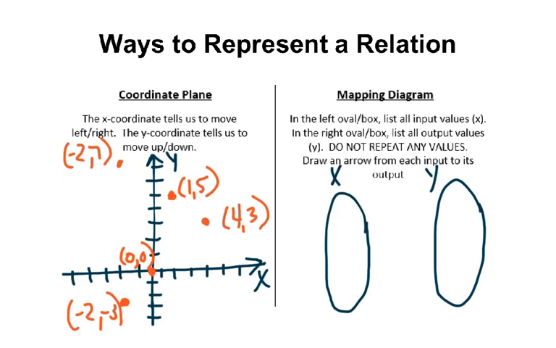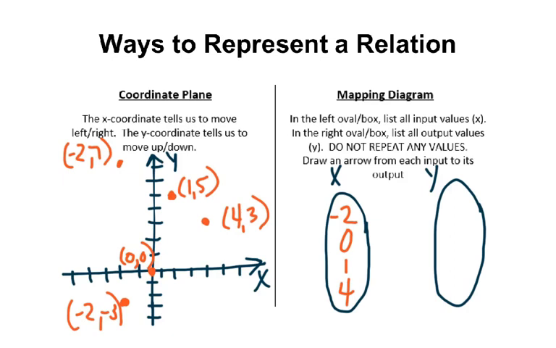Let's actually put them in order this time. So the most negative x value we have was the -2. And even though it shows up twice, I'm only going to write it once. Okay, and then we hit a 0 for an x value, and then a 1 and a 4.